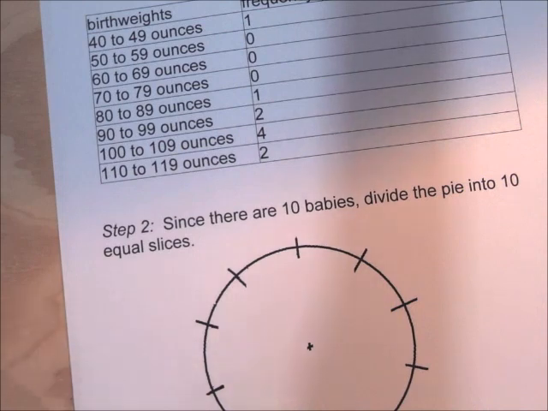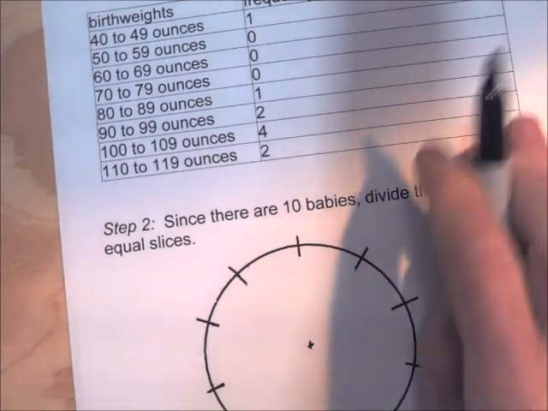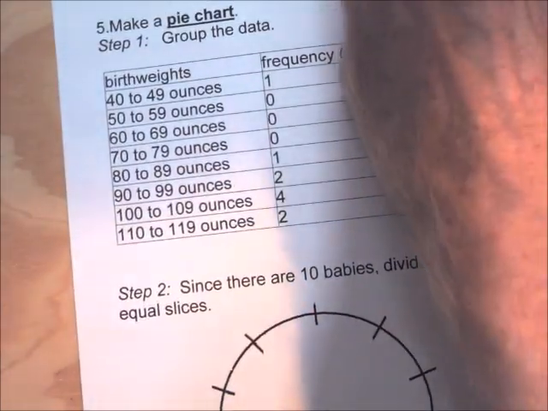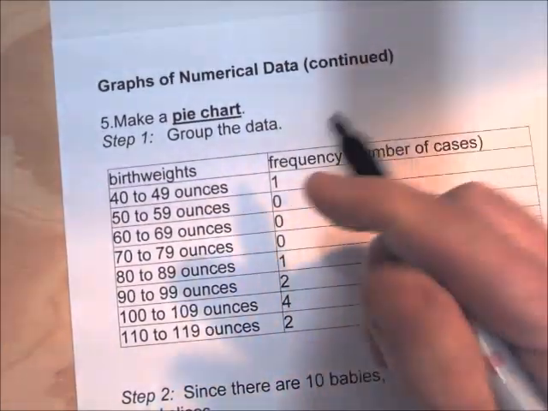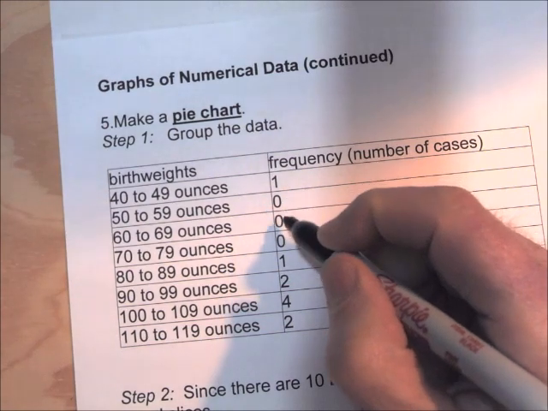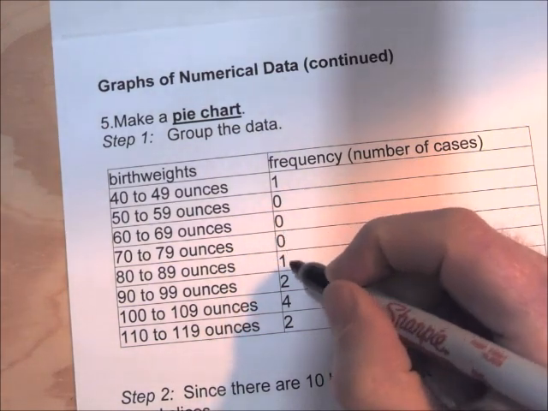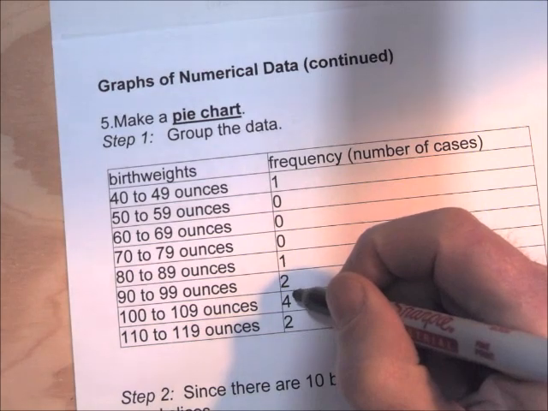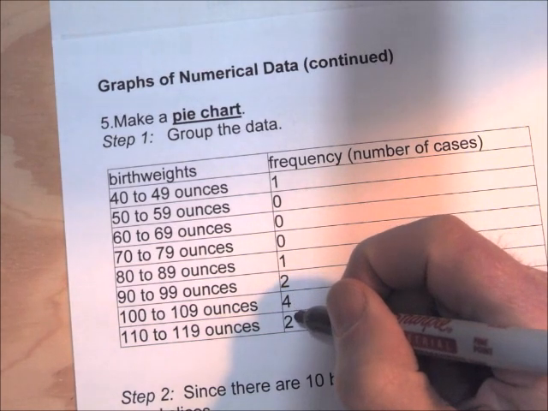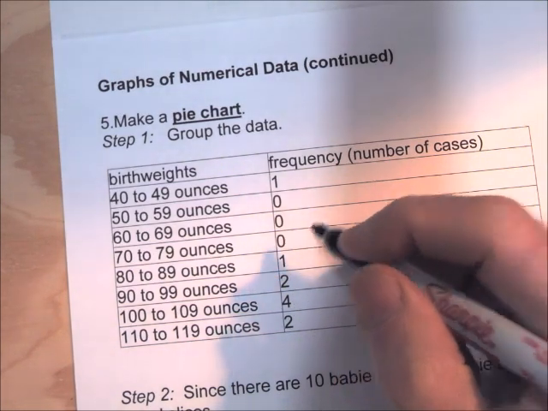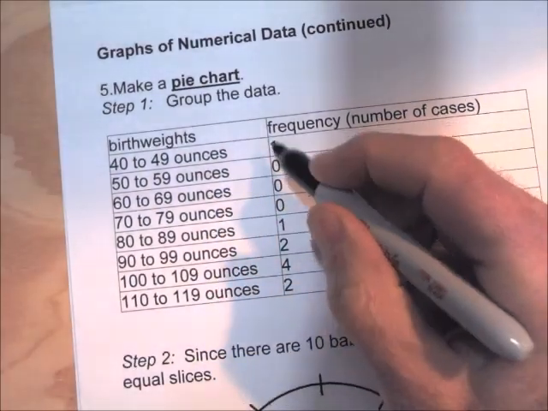So each baby is going to be a slice of the pie. So we can use the same grouping we used for the histogram. We have one baby in the 40s, nobody in the 50s, 60s, 70s, one baby in the 80s, 2 in the 90s, 4 between 100 and 109, 2 between 110 and 119. So these represent the number of slices of the pie.